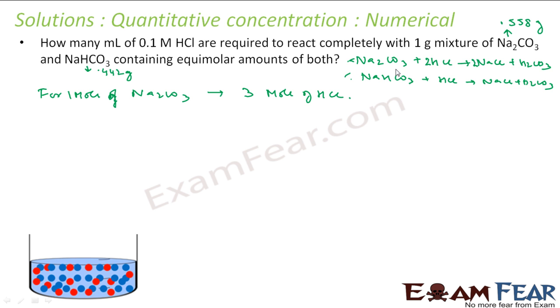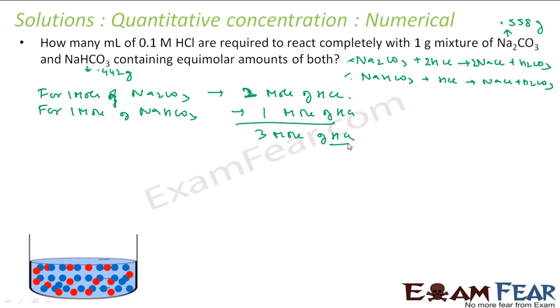Correct? So you have 1 mole of Na2CO3, and 2 moles of HCl are required for it. And for 1 mole of NaHCO3, I need 1 mole of HCl. So in total I need 3 moles of HCl for 1 mole of Na2CO3 and 1 mole of NaHCO3. So the number of moles, first let me find.